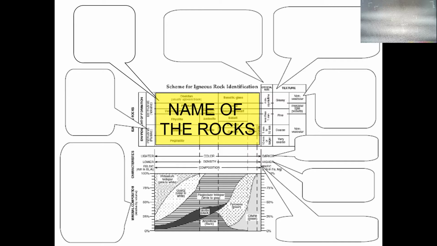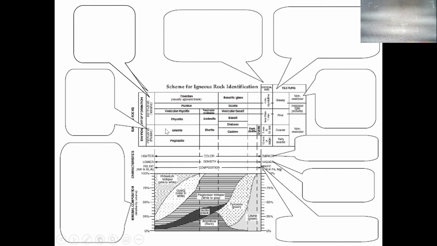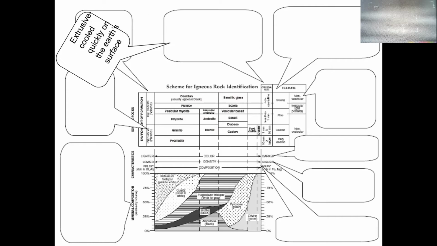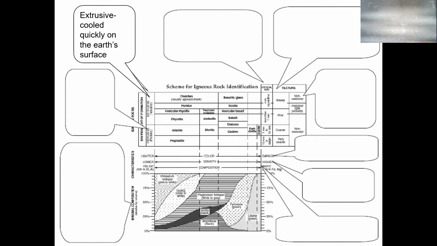And the first thing, like you said, they get separated by is whether, if they're on the top half of the chart here, they're extrusive. If they're on the bottom of the chart here, they're intrusive. So what we're going to do is in this top bubble, so top left bubble, we're going to again define what it means to be extrusive. That's all that's going to go in the box.